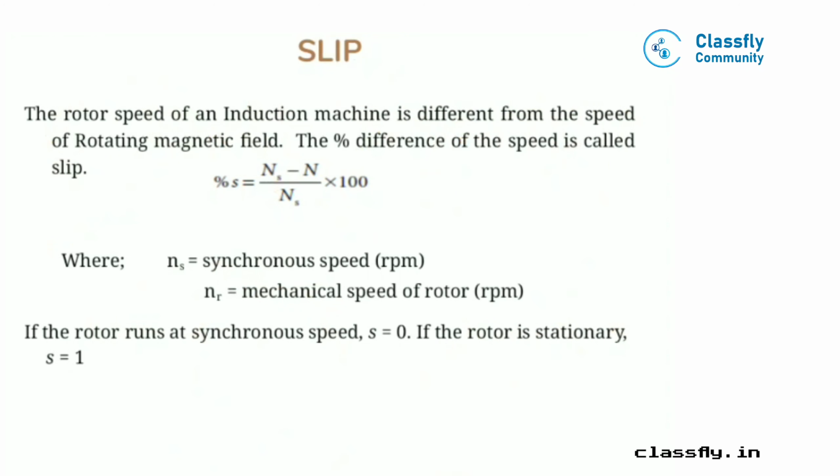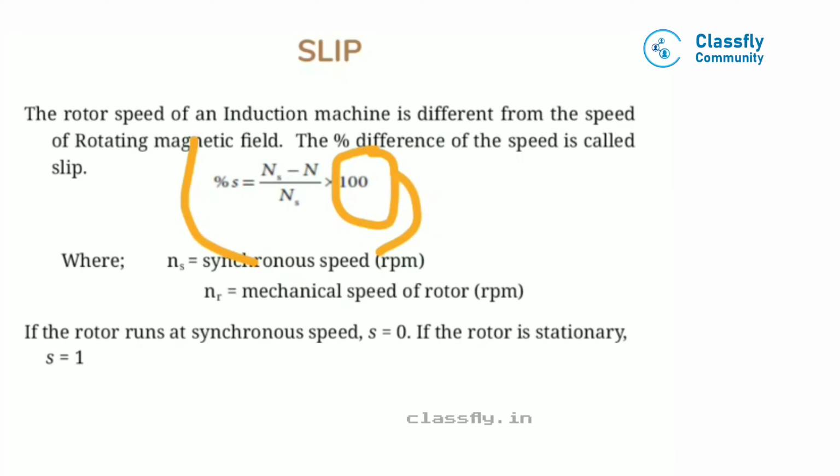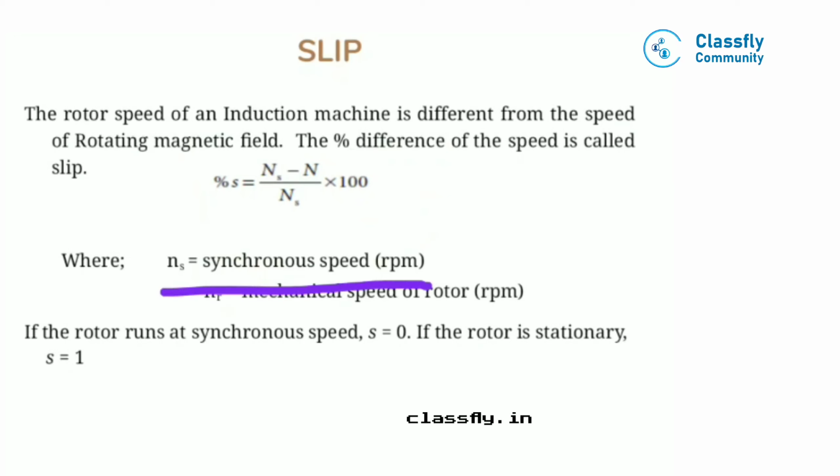For the percentage of the slip, we just multiply by 100. Similarly, the ratio of the slip speed to the synchronous speed gives us the percentage. Let's brief this point again: ns is our synchronous speed and nr is the mechanical speed of the rotor, or you can say the rotating speed.